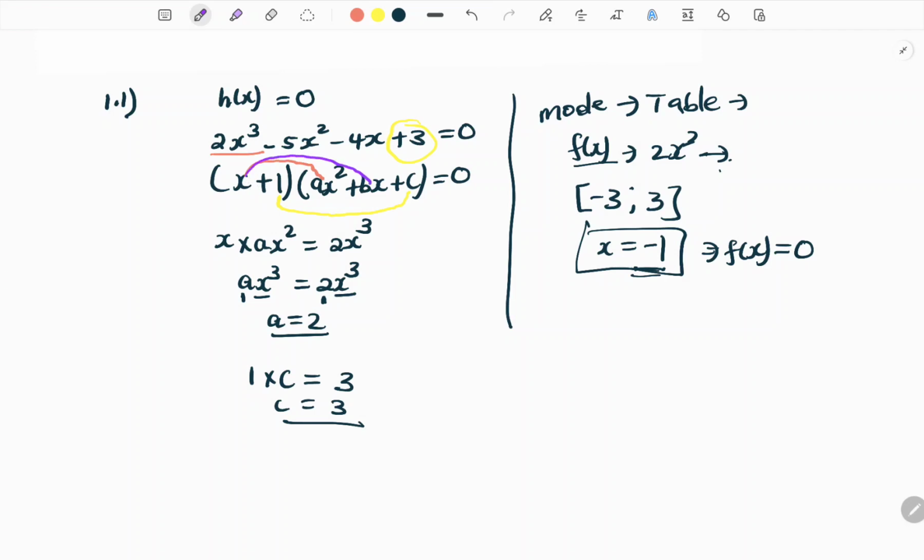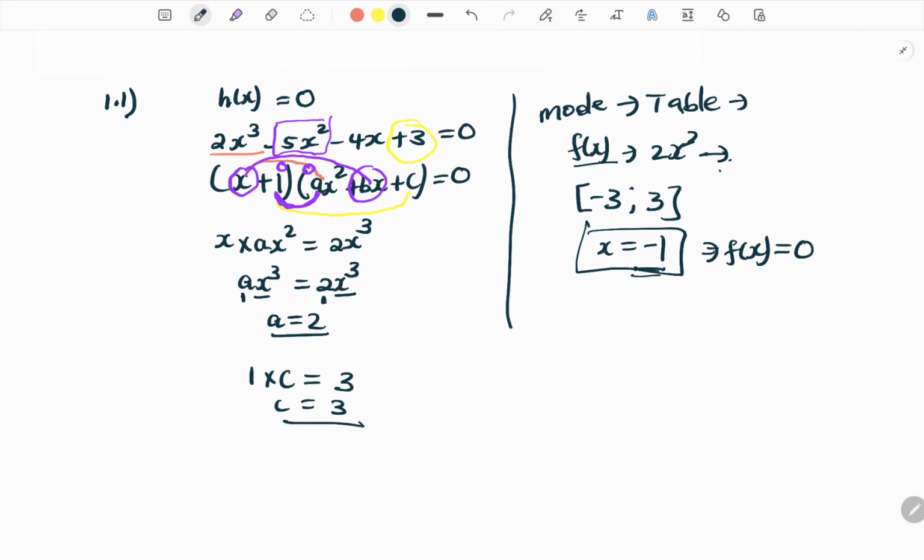This one and this one, a smiley face. The x and the bx and also that one is equal to the one with x squared. So be careful of that.